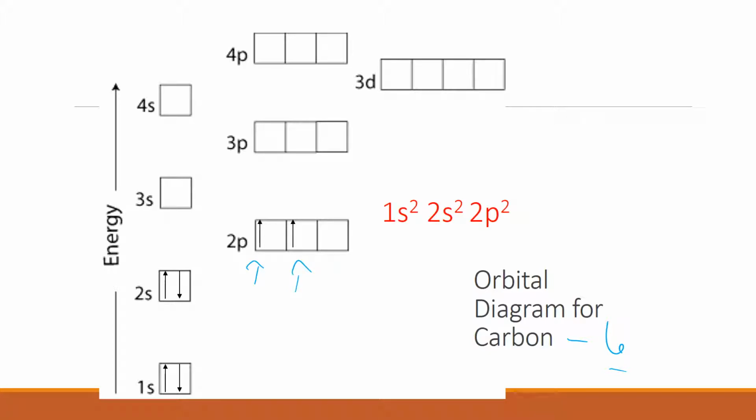So if we write it, it would be 1s2, 2s2, 2p2, and I would draw it like this: 1s, 2s, 3 spaces because there are 3 suborbitals, so 2p, and then we put our 1, 2, 3, 4, 5, 6. That would be how you draw it if you're drawing it out on paper and not in the fun little diagram. Let's do another one.